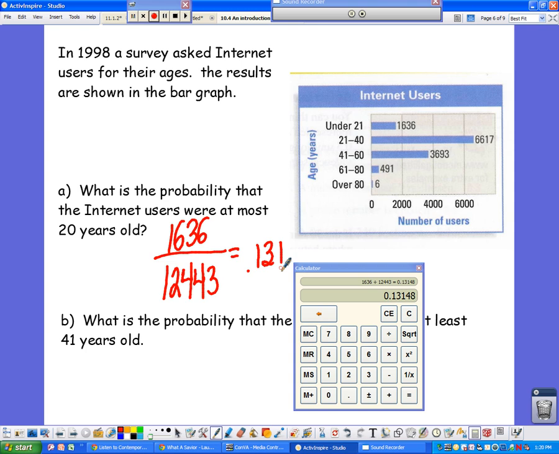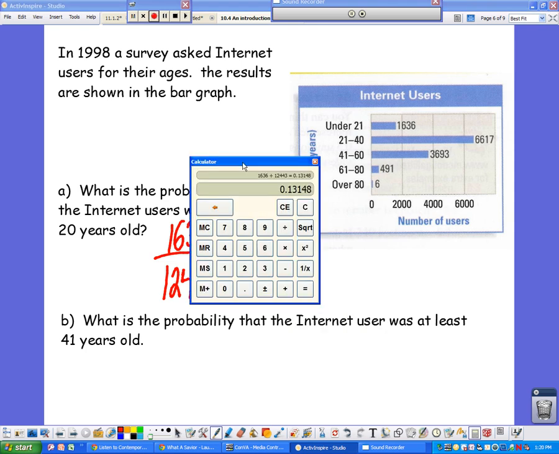Okay? All right. So question number B says, what is the probability that the internet user was at least 41 years old? So if you look at this, well, we've got these people here that are 41 years old. So we've got 3,693 that are at least 41 years old.